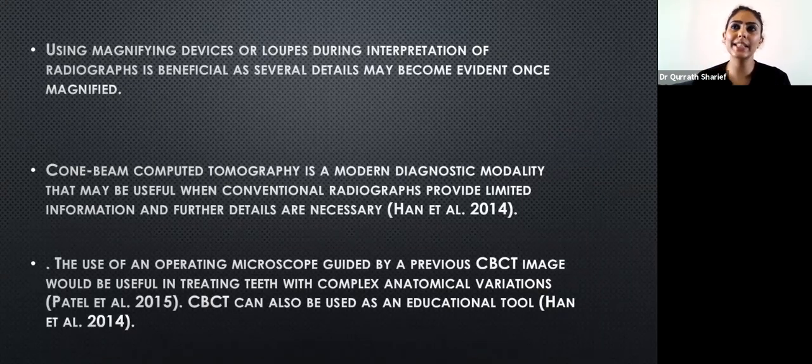Also, in the literature they say that CBCT is a boon in endodontics. It can be used as a pre-operative assessment to know the complex anatomy. Along with that, when you use a microscope or a loupe, there is an immense success rate in root canal therapy. So this is a boon in the field of endodontics.